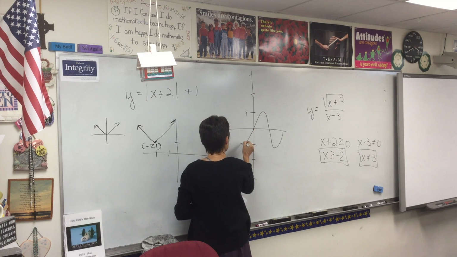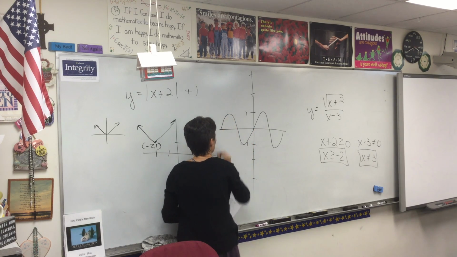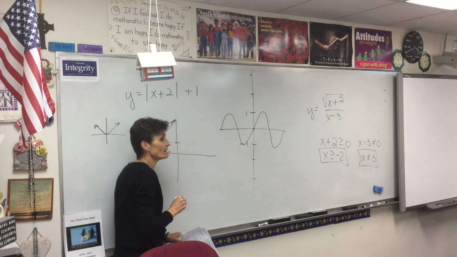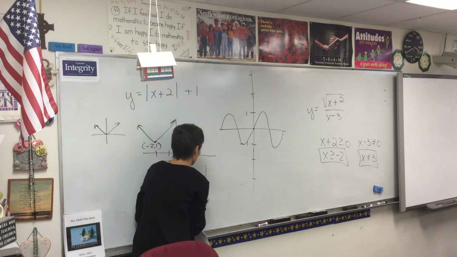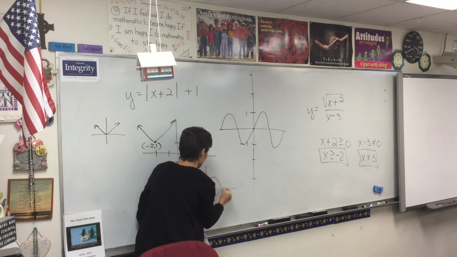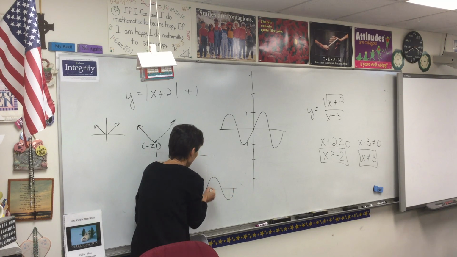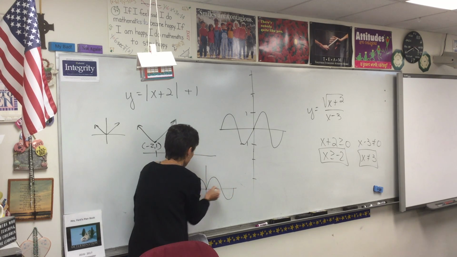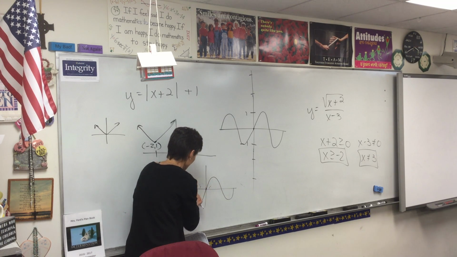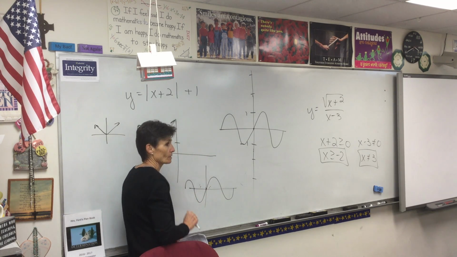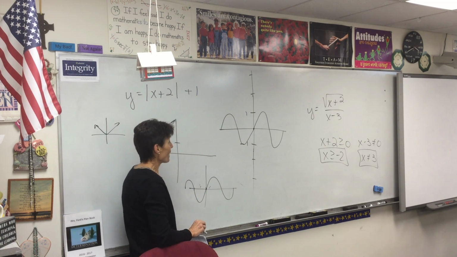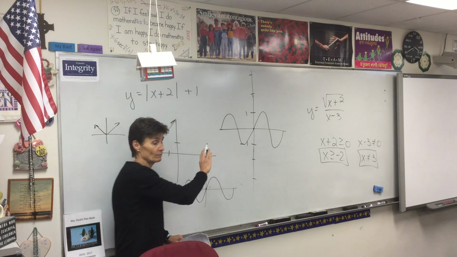Now, when I draw my sine curve, I'm really, really careful. Most of you are pretty good about this part. Over here, don't do this. You can't have 2 hills next to each other. You got to have hill and valley, okay? So that's my normal sine curve.